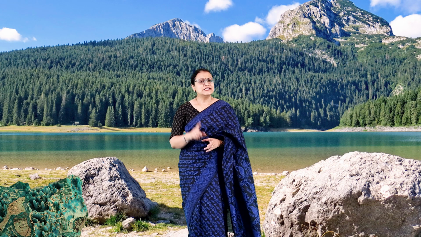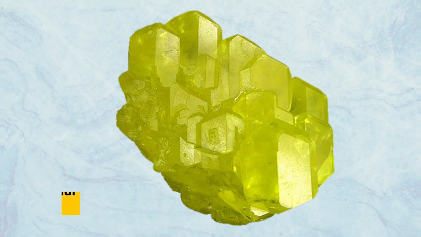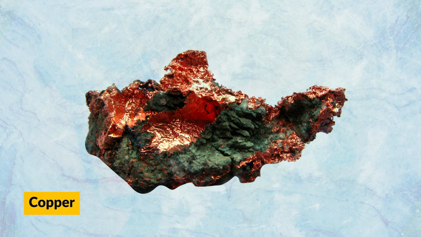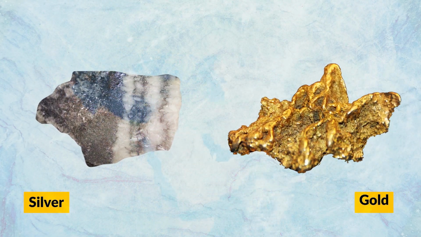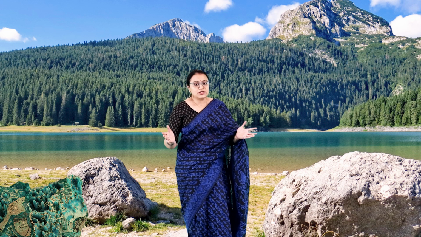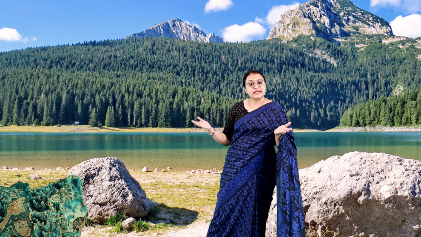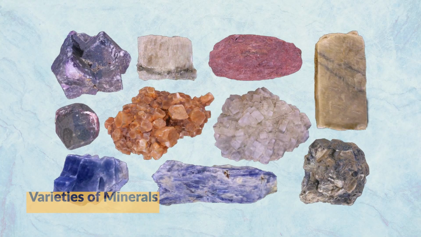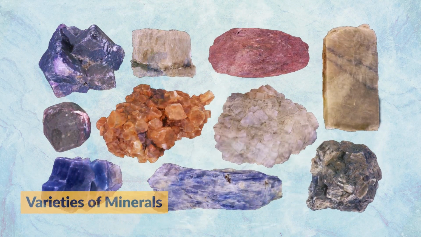A mineral is composed of 2 or more elements, but sometimes single element minerals like sulfur, copper, silver, gold, graphite, etc. are found. Though the number of elements making up the lithosphere is limited, they are combined in many different ways to make up varieties of minerals.